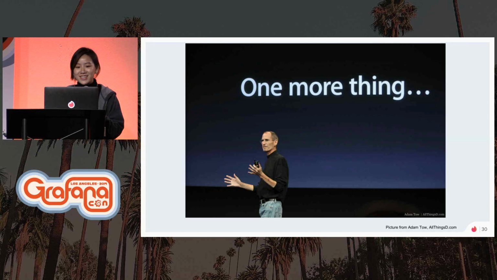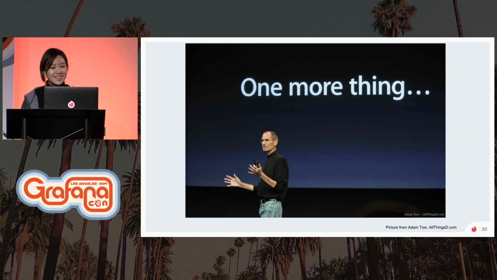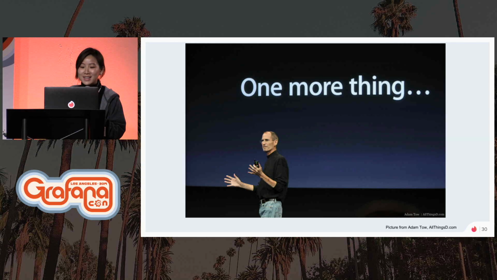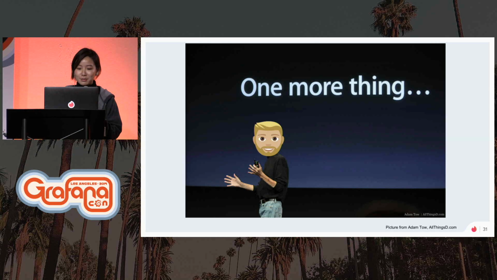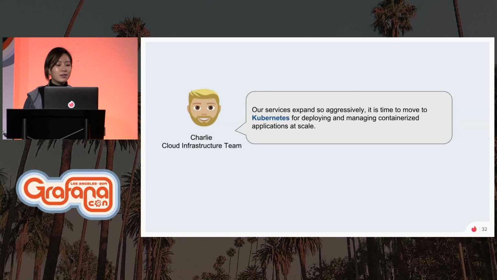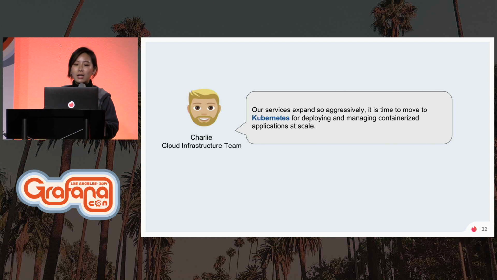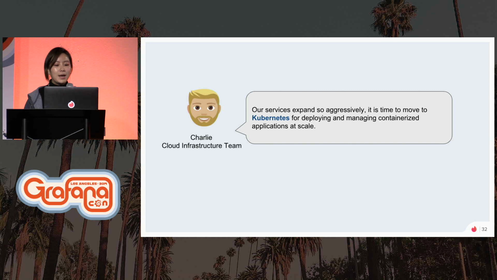But there's always one more thing in real life. This time, it came from Charlie of our cloud infra team. The cloud infra team thinks it is time to move all of our services into the Kubernetes environment for better handling, deploying, and managing of those applications at scale in a containerized way.